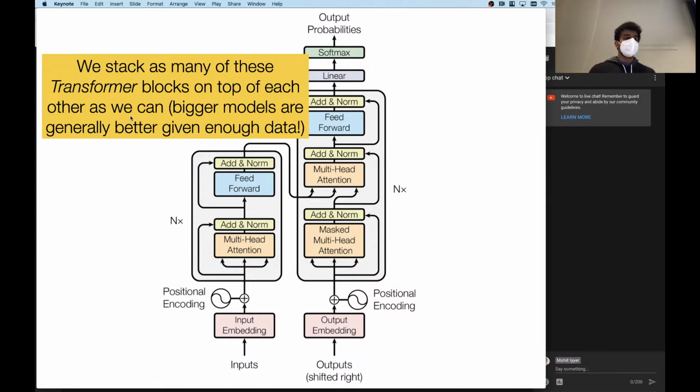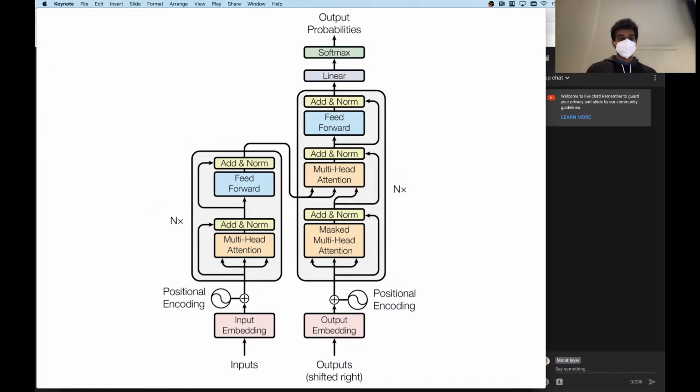But the takeaway is bigger models are generally always better than smaller models when they're given enough data. And for language modeling, we have virtually infinite data. So if we are able to scale up our models to bigger and bigger sizes, our language model, empirically, it's been shown that they learn more and more useful linguistic information that can be transferred to solve other tasks.